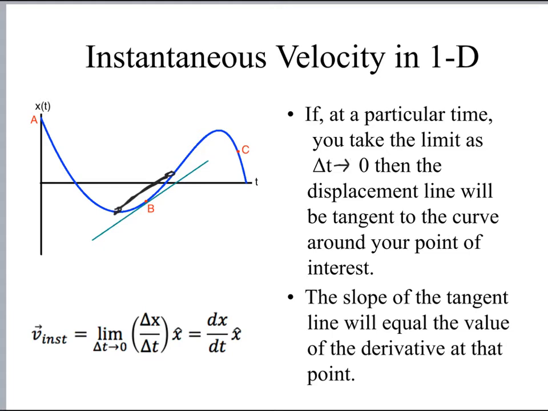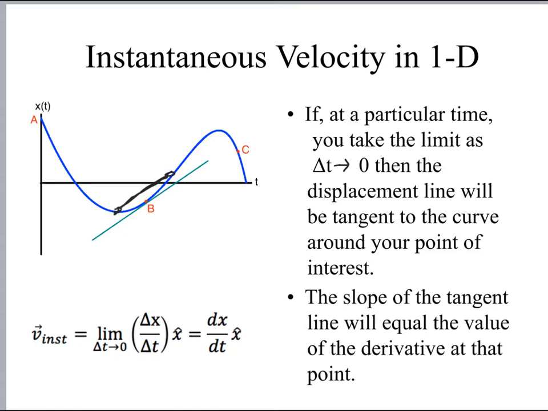So the slope of the line between any 2 points on a position versus time graph is going to be the velocity. But if I want to know what the velocity is at a particular instant in time, I need to take the limit as my time interval goes to 0. So I let my time interval get smaller and smaller, and as I do, this line between those 2 points converges to become a tangent line at my point of interest.